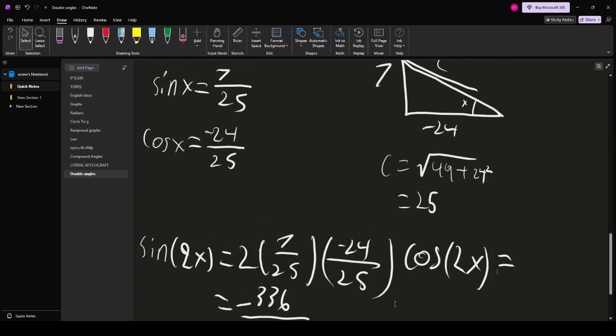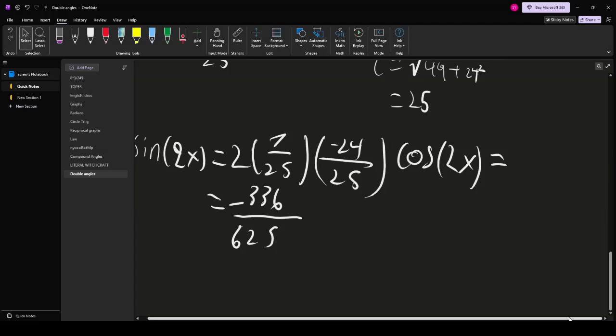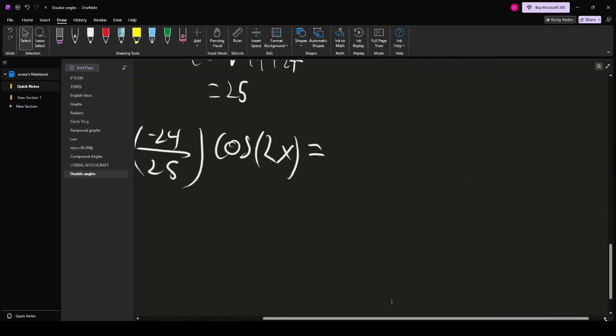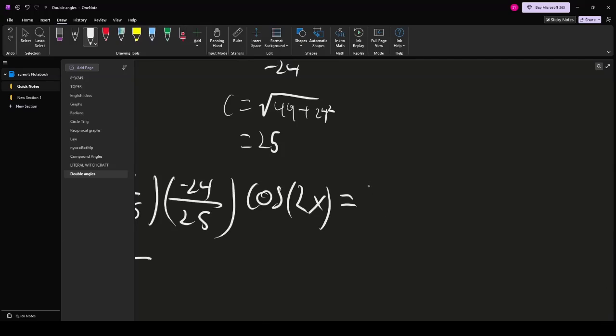Right, let's move on to the next one. When you apply the formula, it doesn't matter which version of the cos double angle formula you use.